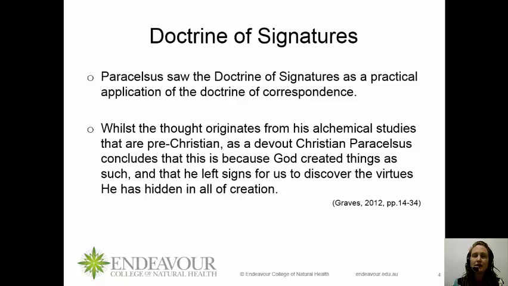And it becomes almost in the same way that language can be very specific or it can be very poetic, the doctrine of signatures can be seen as a poetic expression. So it's almost like we're trying to deeply understand the essence of the plant, the essence of the flower. So we're going to play with that as we go through this course.